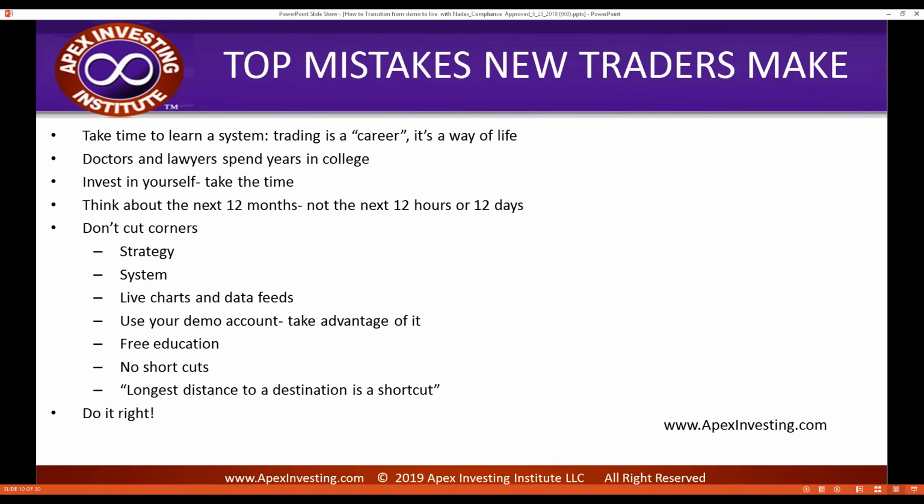So think about, before you go and invest your money and risk your money, why don't you invest some time into yourself, to educate yourself, to learn about the markets, learn to read the markets, learn to read and understand when it's a trending day or a choppy day.